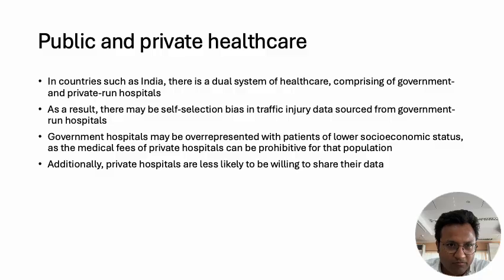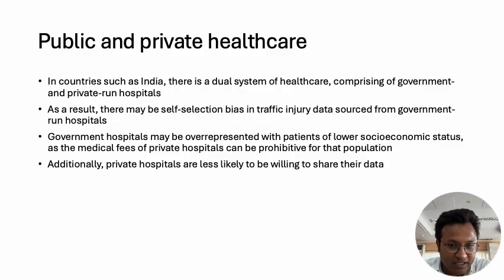One is public government hospitals, and another is private, which is run by private companies. In such a dual system, there may be some self selection of what type of patients would go to government run hospitals and what type of patients may go to private hospitals.